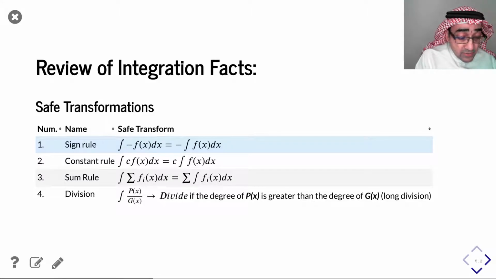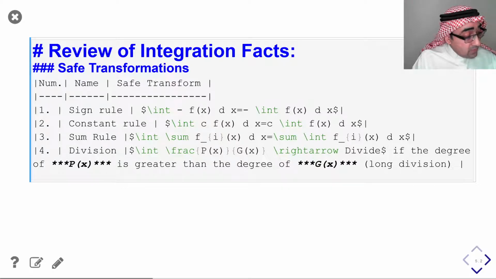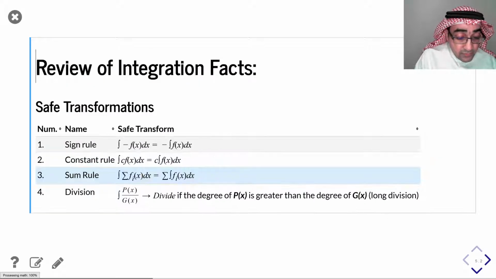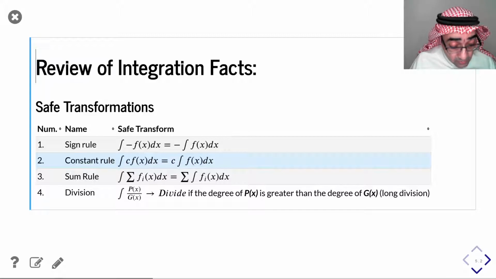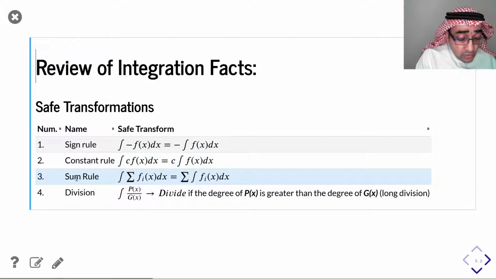The second safe transform is the constant rule. If you have a constant, just like C over here, you can take it out of the integration, and you can have the integration of f of x. That's another safe transform. The third one is that the integration of the sum of f of x's dx is equal to the sum of the integrations of the f of x's dx.